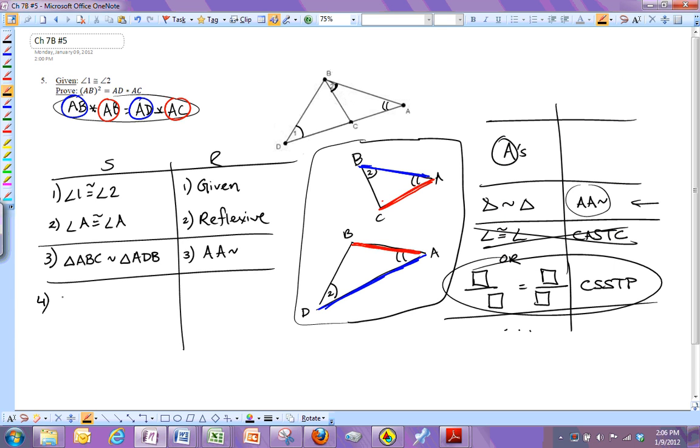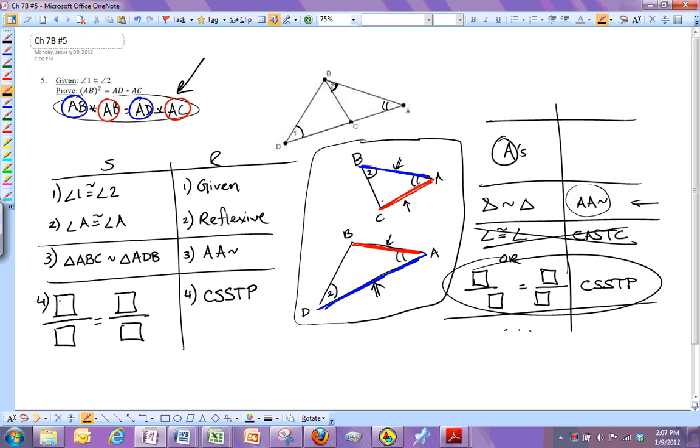So when I set up my proportion in the next step, I need to set up a proportion using my picture. And then I'm going to cross multiply and hope I get the thing that I'm trying to prove. Well, I know that the thing I'm trying to prove uses only red and blue lines. So I'm going to do the red from the first triangle over the red from the second triangle, equals the blue from the first triangle over the blue from the second triangle.